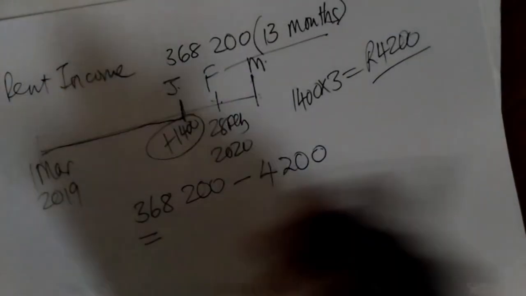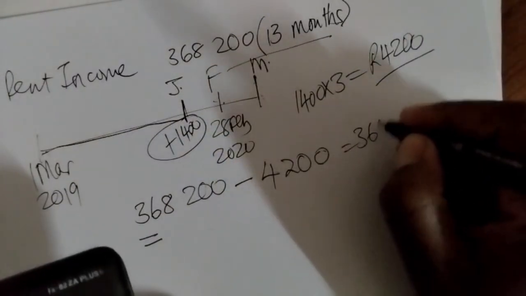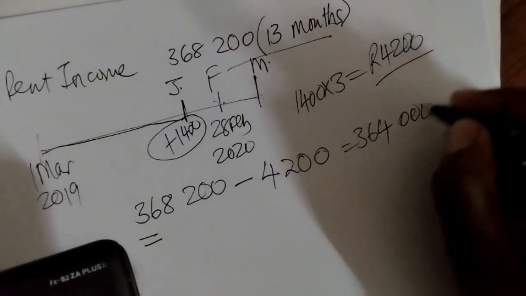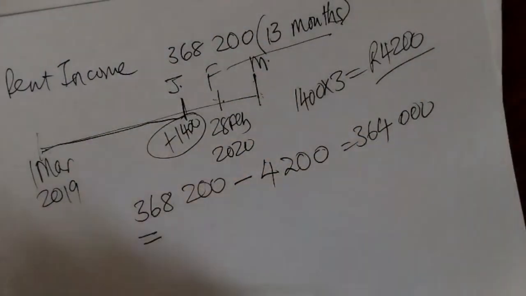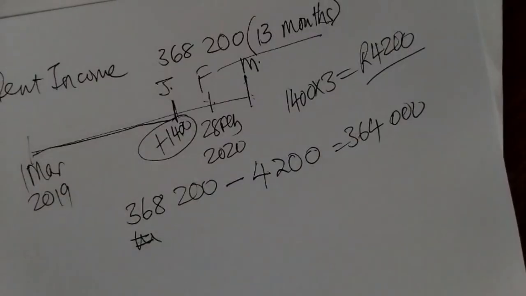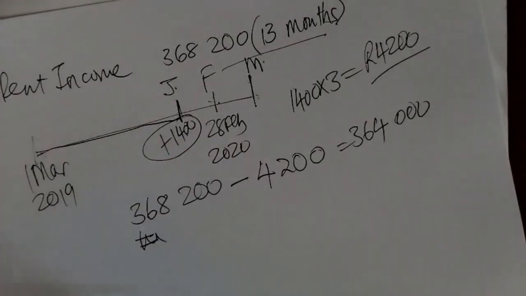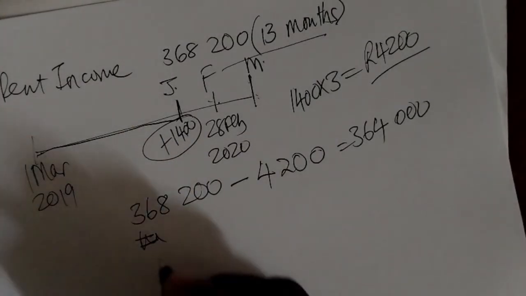In other words, you are eliminating the increase so that the rent stays the same for the whole year, including the additional month that was paid. So that would have been 364,000. So we are saying, had the rent not increased, it could have been 364,000, but it became 368,200 because there was an additional 1.4 that was paid for 3 months, that is January, February, and March. And then what do you do next?